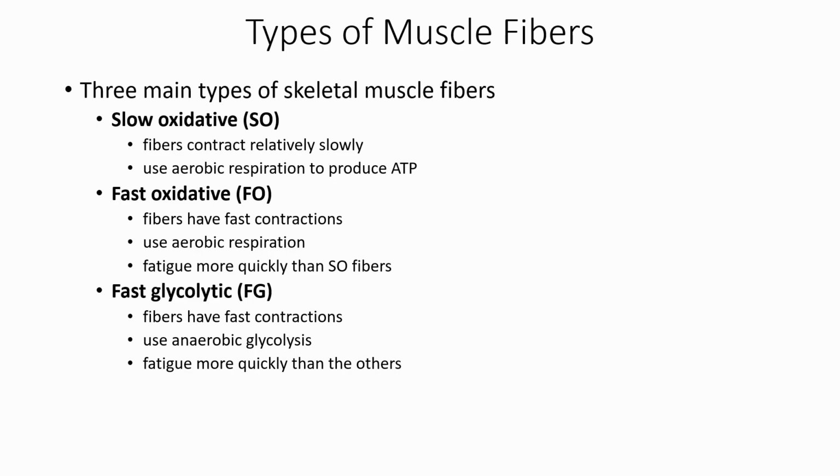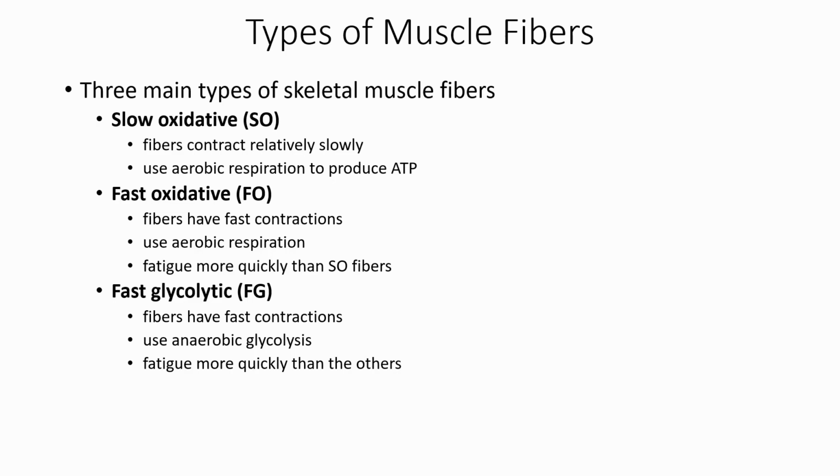Your 0 to 60 is fantastic, explosive, fast contractions, or you're getting from one place to another very quickly, but at the expense of a poorer gas mileage. You're going to fatigue more quickly. You're going to have to get back to that fuel station sooner than you would the Prius. That's kind of the best way to explain it, using something like a car.